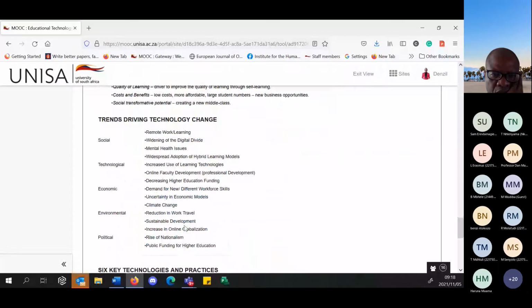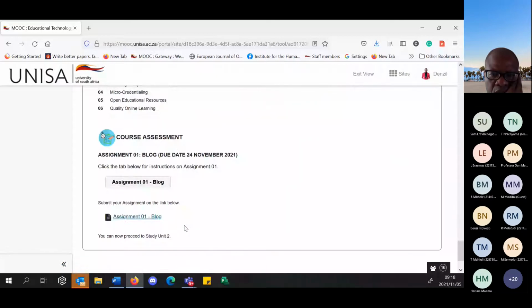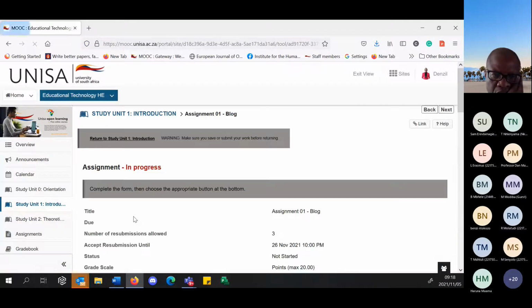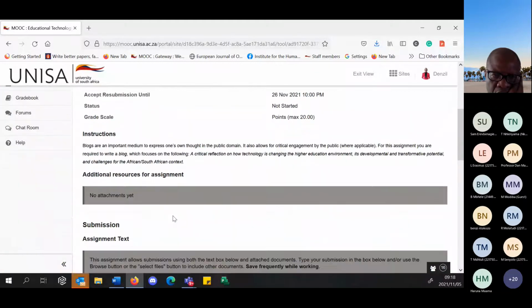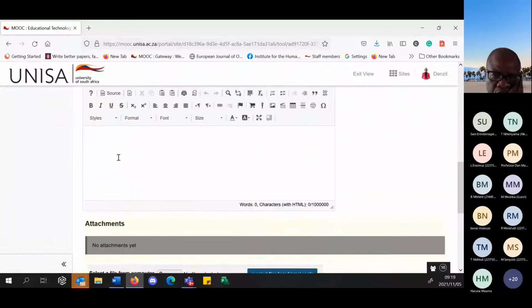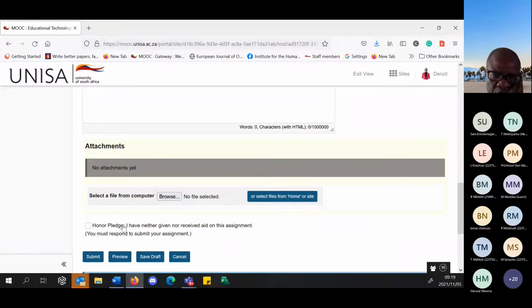To submit your assignments, colleagues, what I would suggest is that you submit it online. All you do is click on assignment 01 blog, and then it takes you to the title 01 assignment. It tells you when the assignment is due, and then you simply add your attachment: you upload your file, click on your browser, and upload your file.